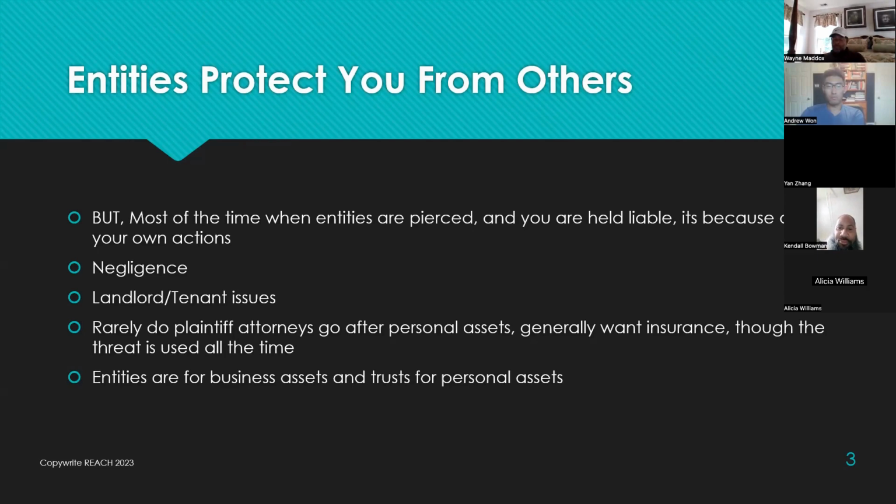So the things that can normally have your entity pass through, so you lose the protections, is negligence. And flat out, if you are not doing things correctly, you're being negligent, it is you that's being negligent, not your company. And so that goes straight through to you a lot of times.